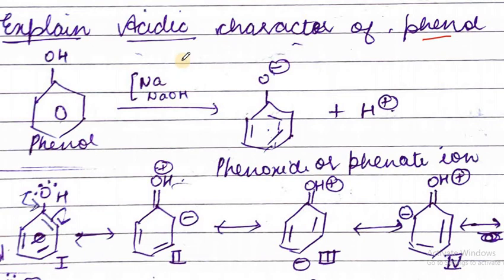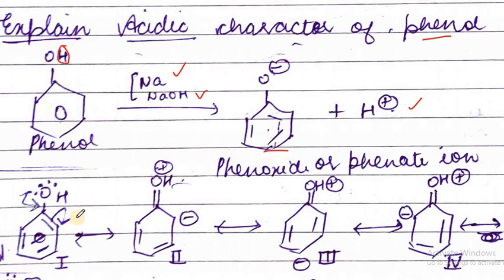Phenol with sodium or with sodium hydroxide, in both cases hydrogen is replaced with sodium, and we get sodium phenate ion or phenoxide and H positive ions. This phenoxide ion or phenate ion is resonance stabilized.